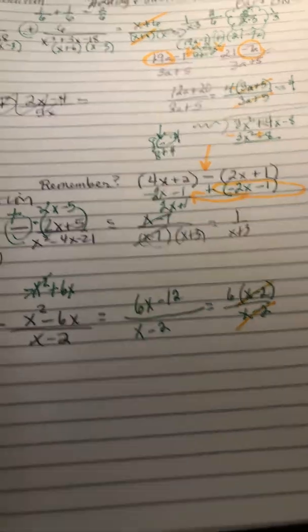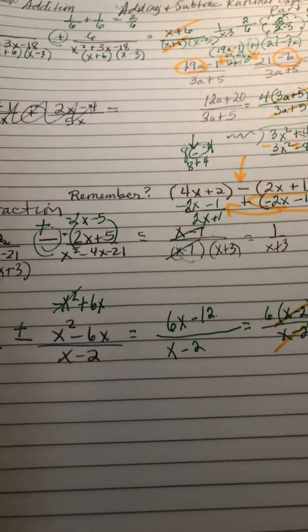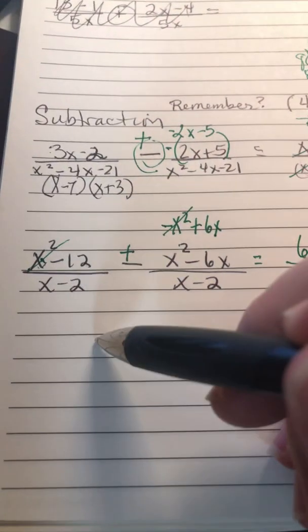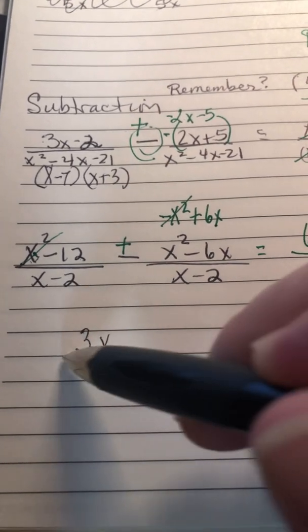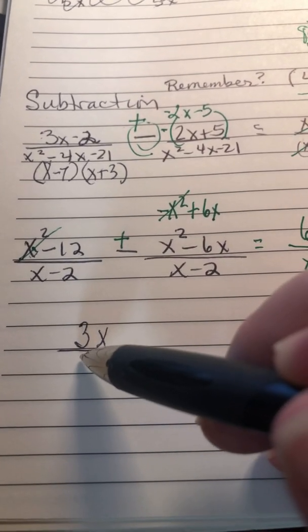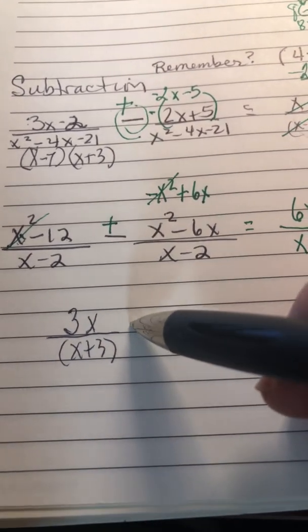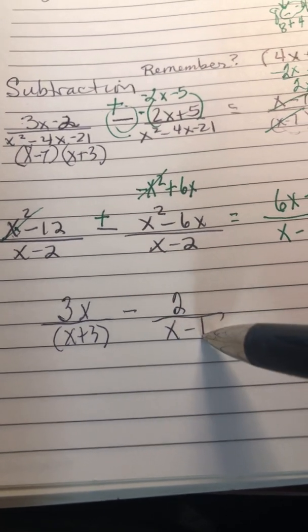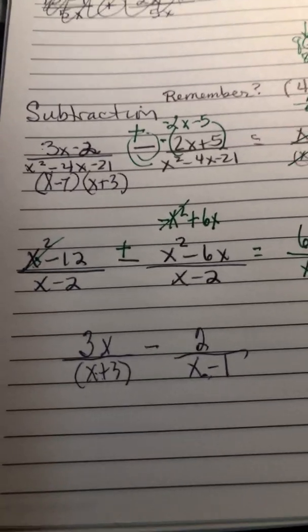Now you're going to do more of these problems, but you're going to get into sections where they don't already have the common denominator. So let's say we had 3x over x plus 3, and it was said minus 2 over x minus 1. Well, these sets are not the same, so what we can do is make them the same.